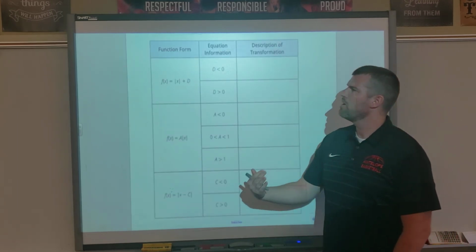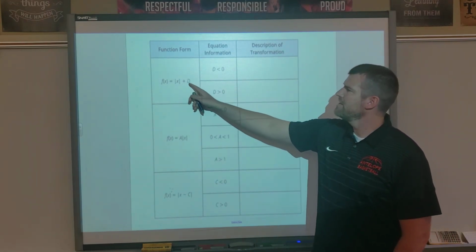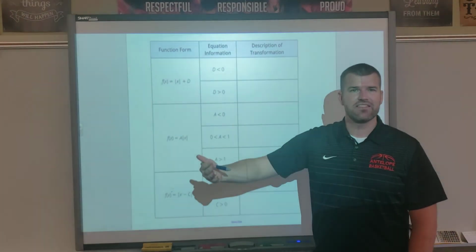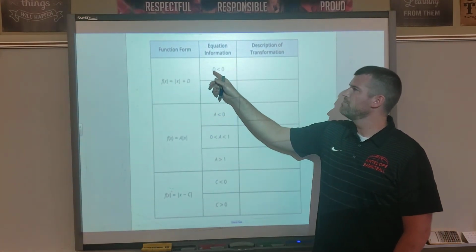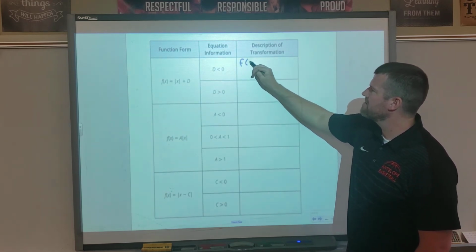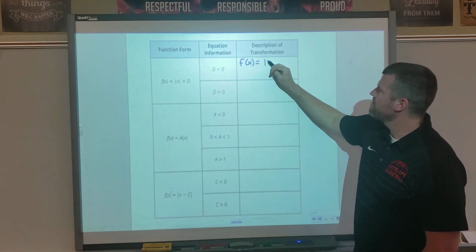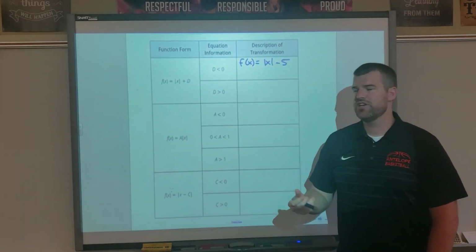But as a way to summarize some of the key information, if we add the d value, or kind of like the k in vertex form, if we add a number at the end, if that number is less than 0, such as if we have f of x equals absolute value of x minus 5, where will that graph shift?